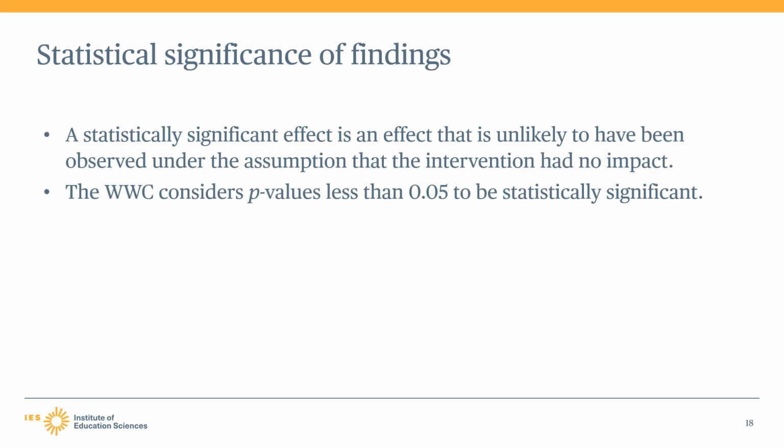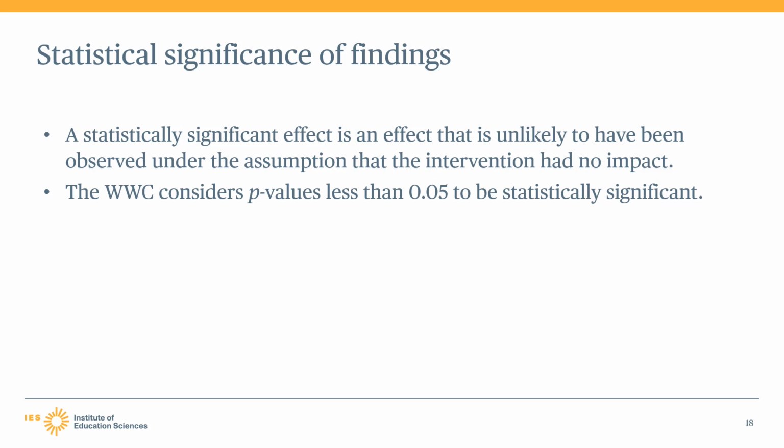Remember that the WWC not only calculates effect sizes, which indicate the magnitude and direction of an intervention effect, but the WWC also determines the statistical significance of findings. An effect is described as statistically significant when the measured difference in outcomes is unlikely to have been observed under the assumption that the intervention had no impact.